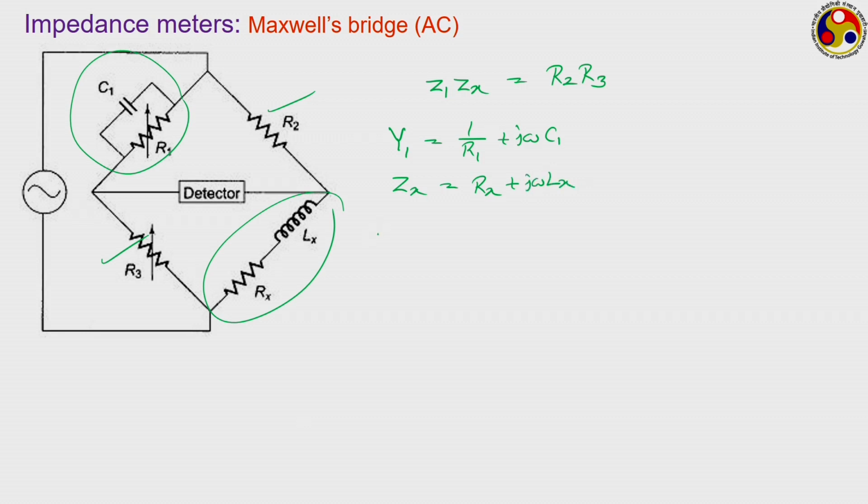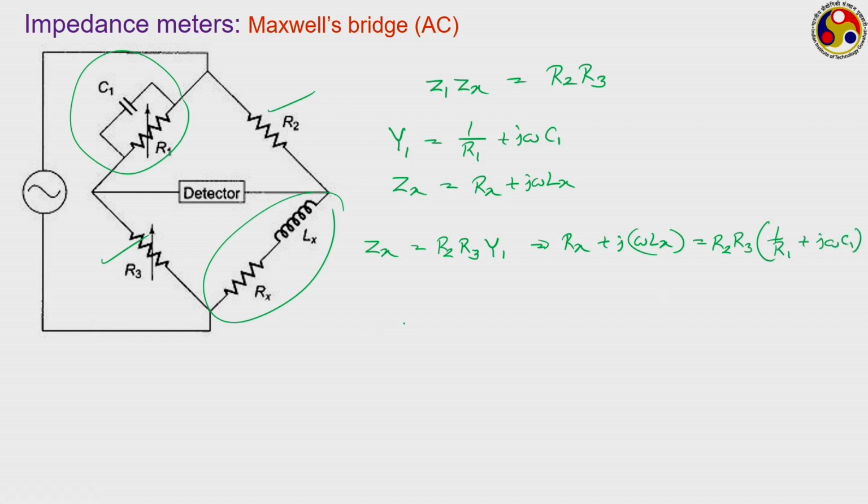So, if you put it in the original equation, Zx is equal to R2 R3 into Y1, from there Rx plus j omega Lx is equal to R2 R3 within bracket 1 upon R1 plus j omega C1.